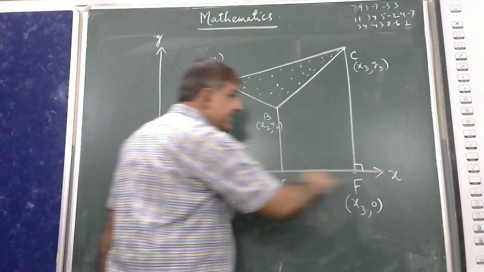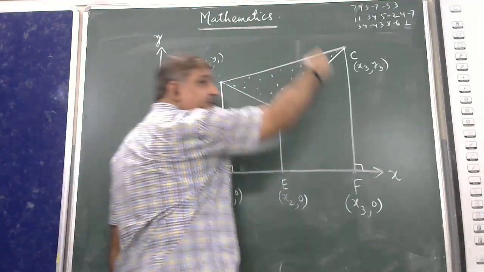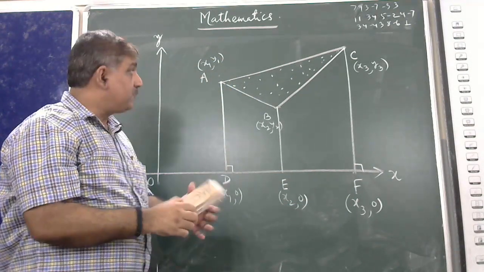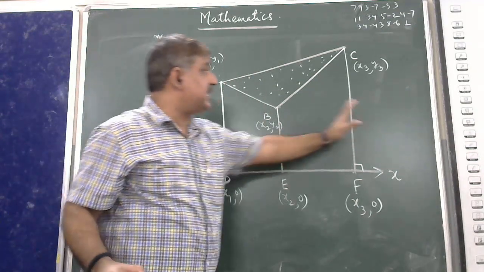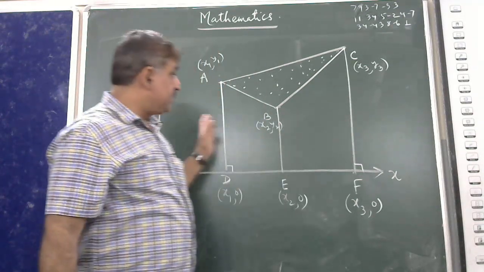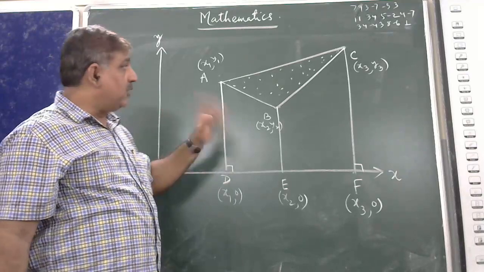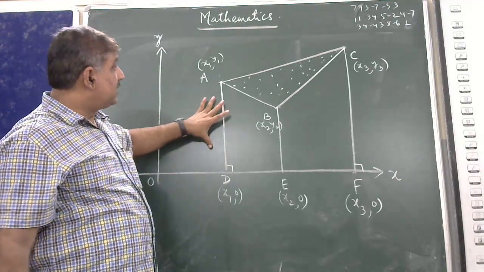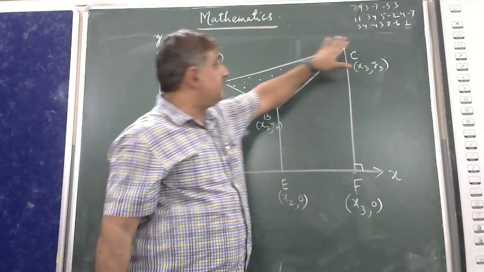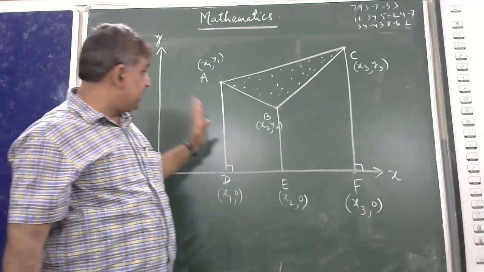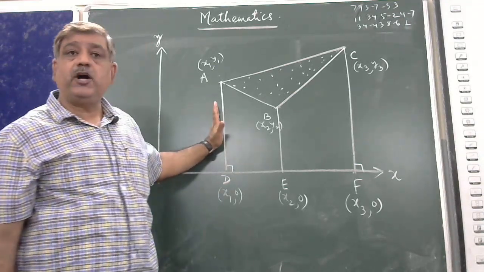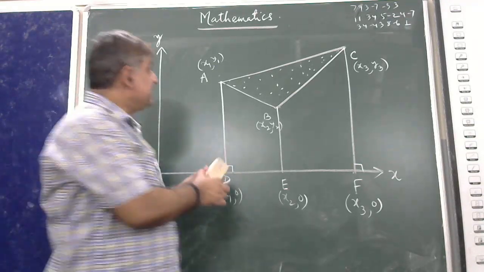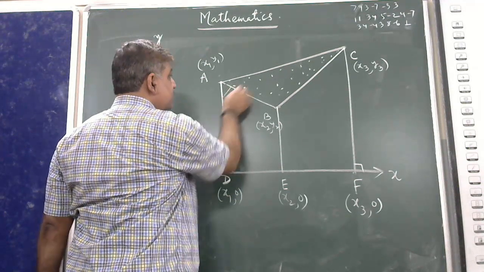So, on a single line, if two lines are perpendicular, they must be parallel. So, for a quadrilateral, if two sides are parallel, it must be a trapezium. Now, you just try to find out the area of this trapezium. Then subtract the area of this trapezium.